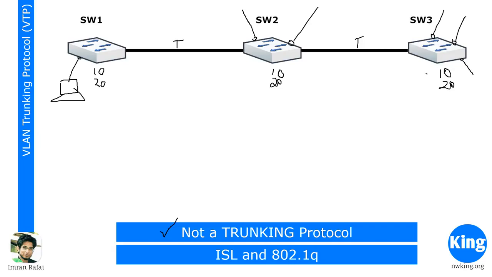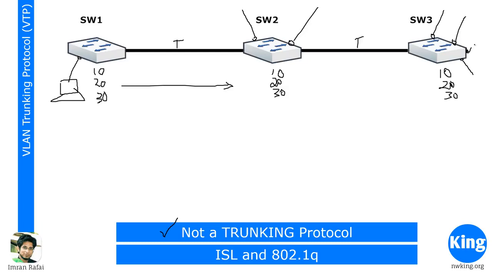So Cisco said, you know what, we're going to give you an automatic way of doing it, which they call the VLAN Trunking Protocol. What it does is, when you create a new VLAN, let's say I create a new VLAN, VLAN 30, this gets automatically replicated. It says, okay, add VLAN 30 because I just created VLAN 30. Add VLAN 30 because I just created VLAN 30. You just have to go create your access ports.